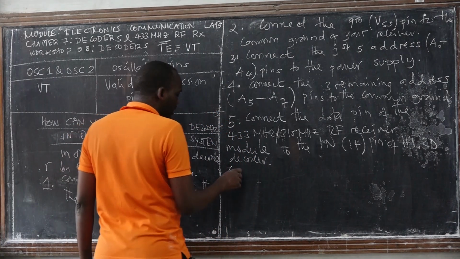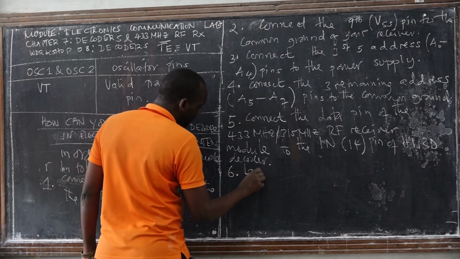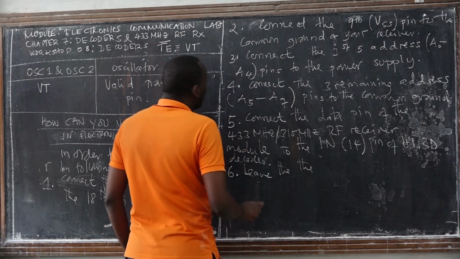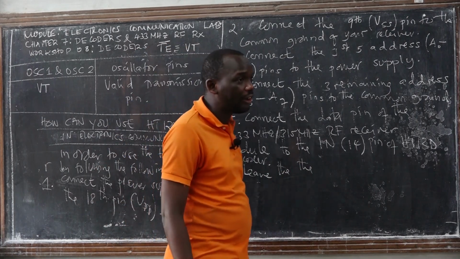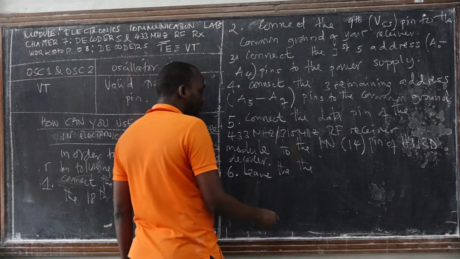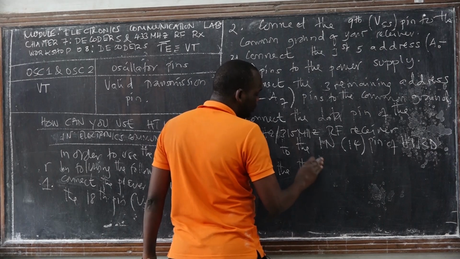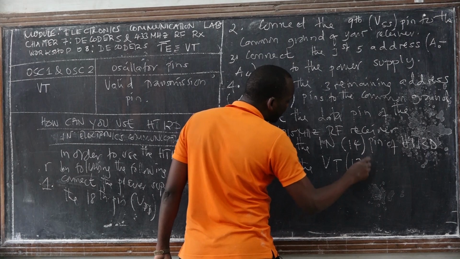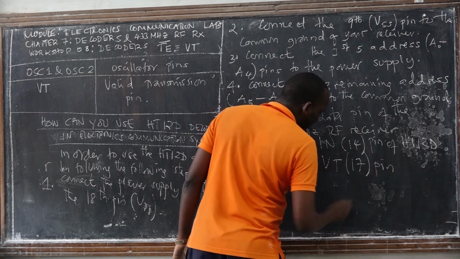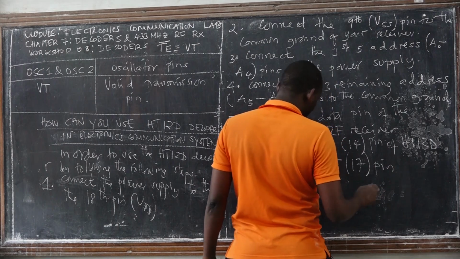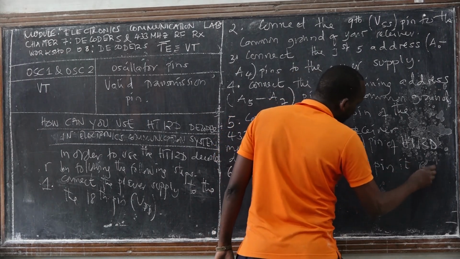Number 6. So he said that leave the VT. So VT, it is pin number what? 17, right? So leave the VT or pin number 17 free.